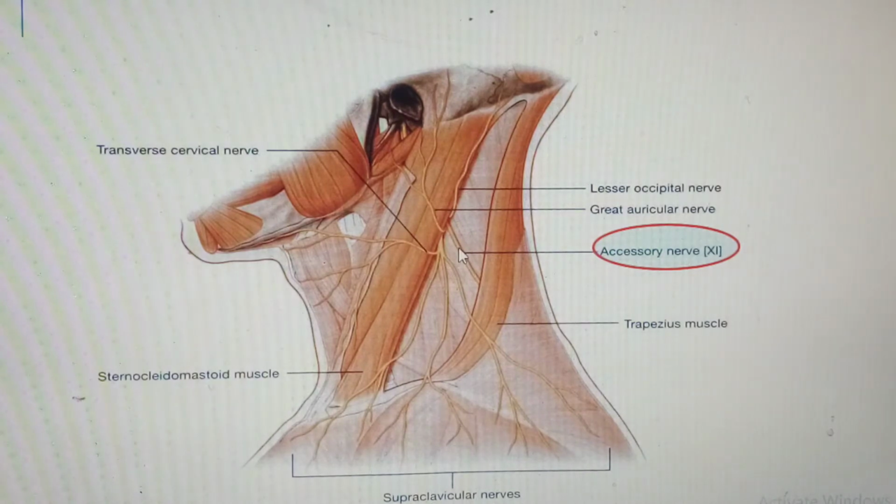Now, one thing I want to show you is that this spinal accessory nerve, with respect to its relation with the sternocleidomastoid muscle, will be supplying the sternocleidomastoid muscle. As it emerges behind it, it gives some innervation to it. Then it also continues to give innervation to this trapezius muscle.